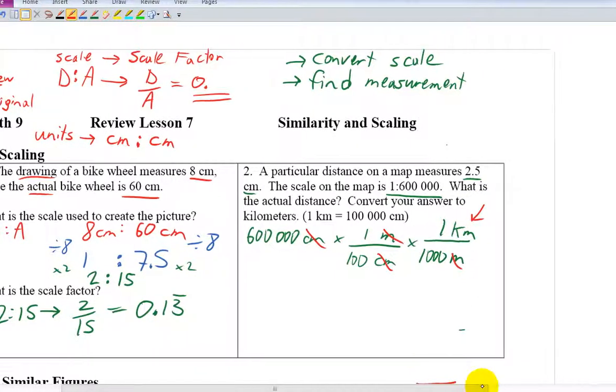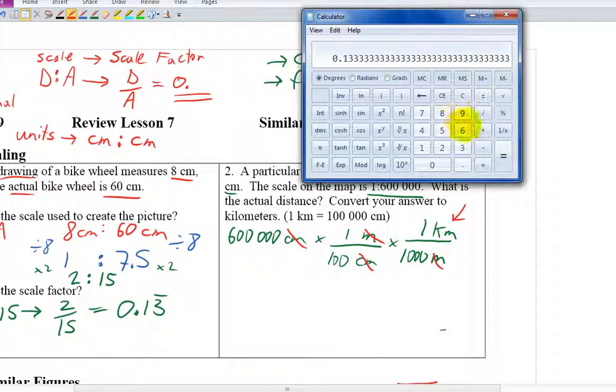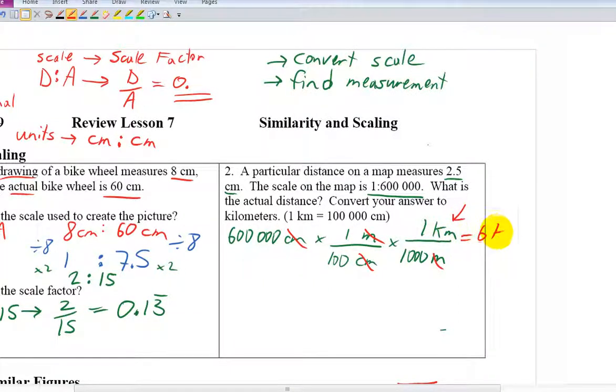Kilometers. So I can take my calculator: 600,000 times 1 divided by 100 times 1 divided by 1,000, and it's 6 kilometers.